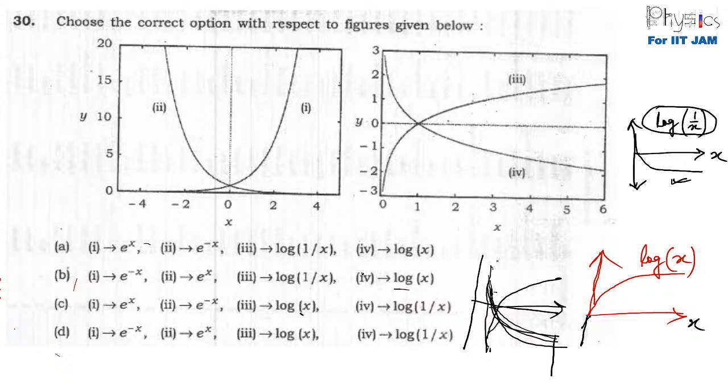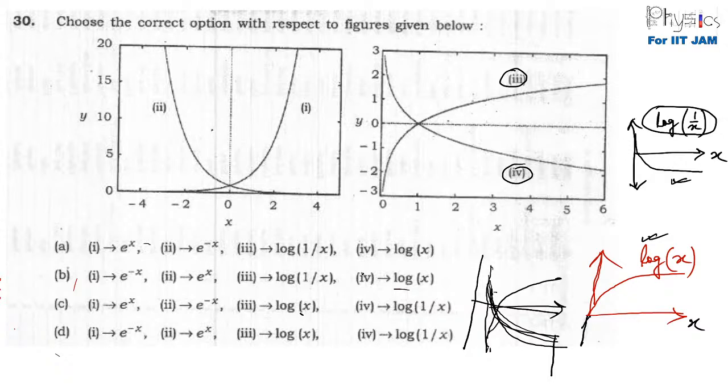So from this we can be sure that number 3 is the log x curve, and number 4 is the log of 1 by x curve, right?